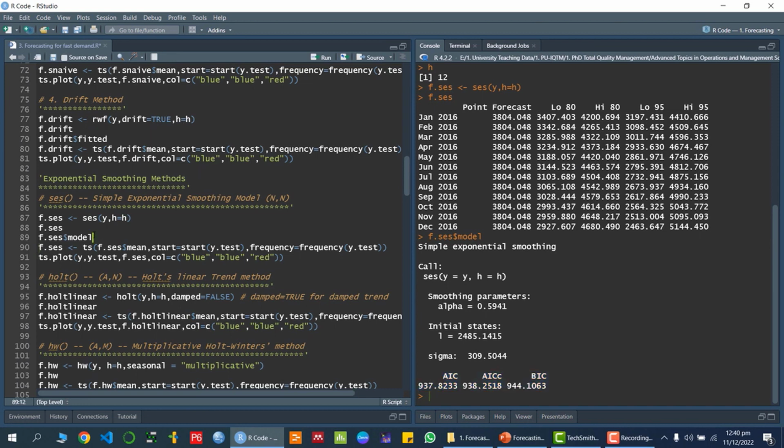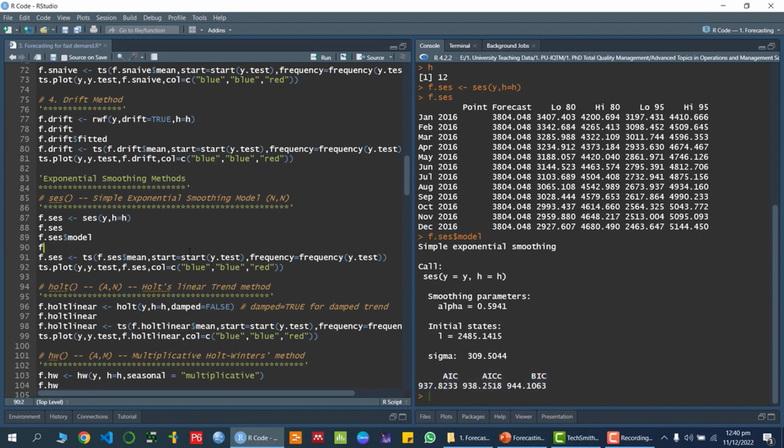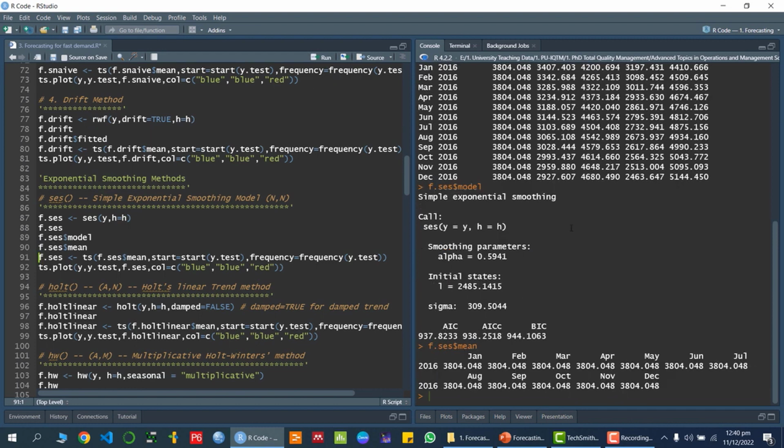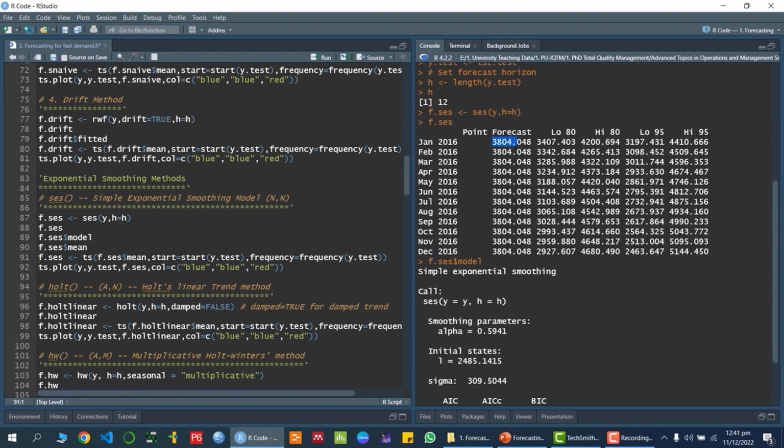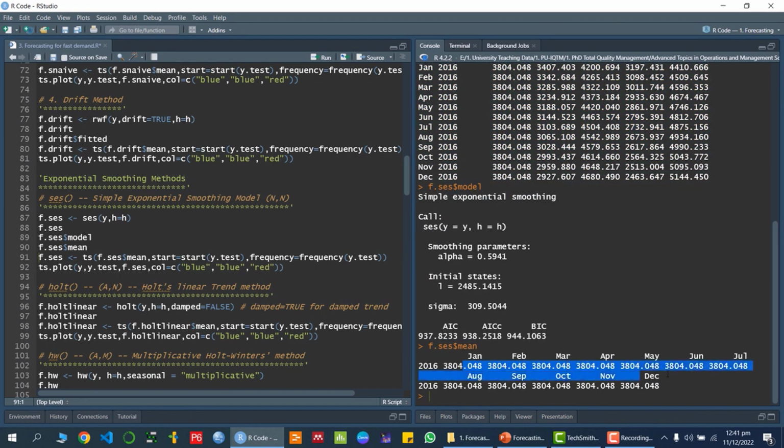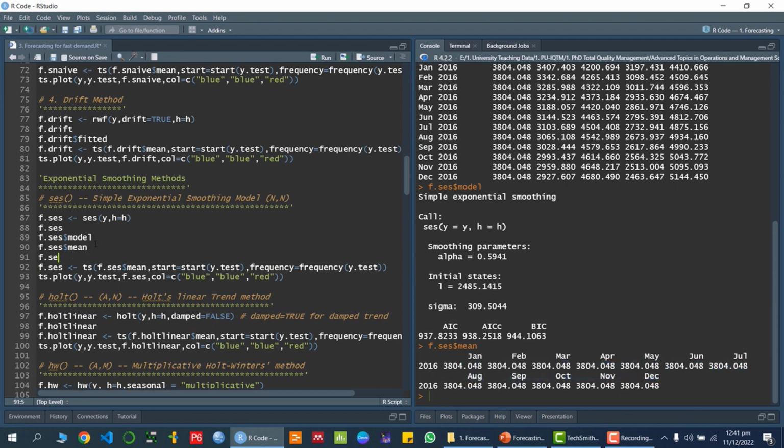Now, if I write f.ses dollar sign and click mean, what is it going to show us? It only shows these forecasted values, not the confidence intervals. So these are only the forecasted values with the help of this particular command. You can further explore this one.